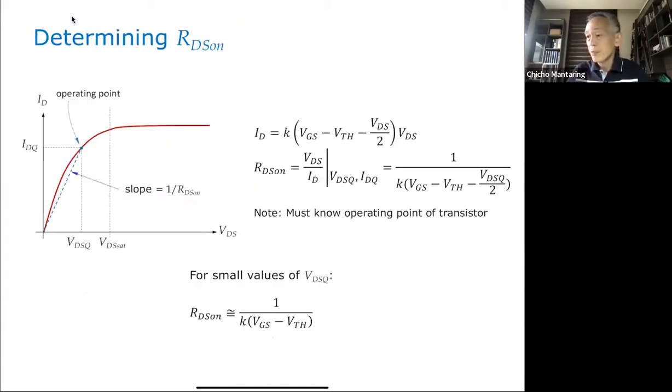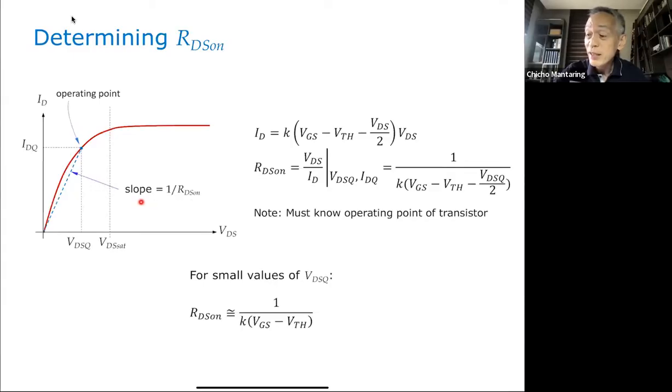Okay, there's a way of determining RDS on. So remember that in the linear region, this is your formula for I sub D. So this is our linear region. Ito yung VDS SAT. So our linear region is the area on the left. Depending on the point we're operating, nagbabago yung resistance.